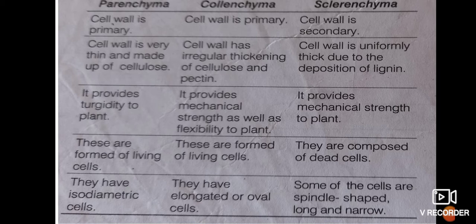We can also call this tapering, with tapering ends, and they are long as well as narrow. So this is the difference between the simple permanent tissues, that is parenchyma, collenchyma and sclerenchyma.